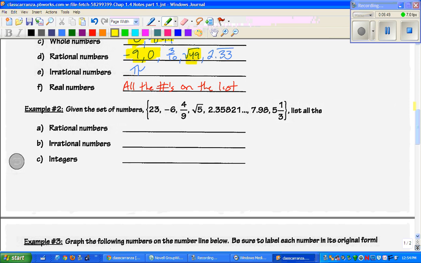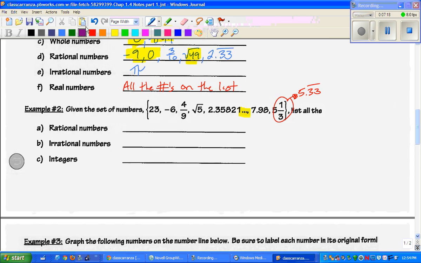All right, let's look at example 2. It says, given the set of numbers 23, -6, 4 over 9, square root of 5, 2.35821, dot dot dot. Okay, these dots are our reminder that that number keeps on going. Okay, 7.8 and 5 1/3. This number can be written as 5.33333 repeating.